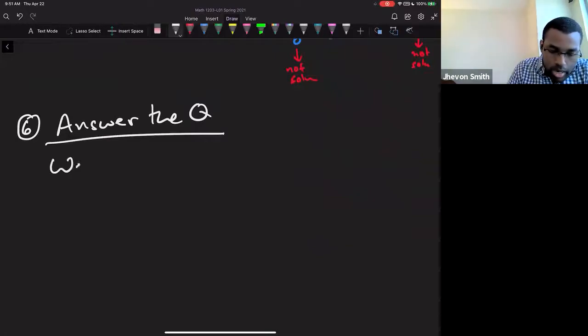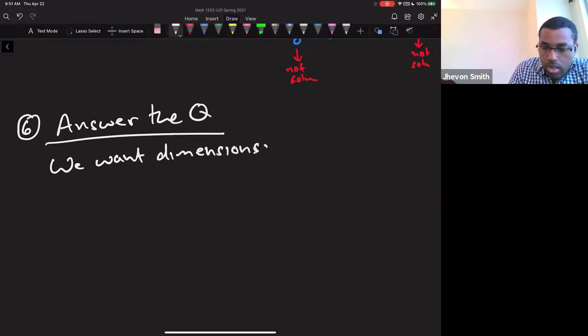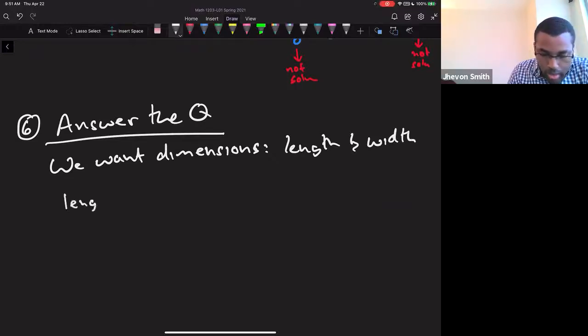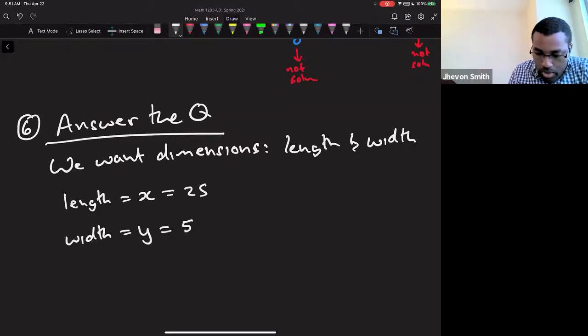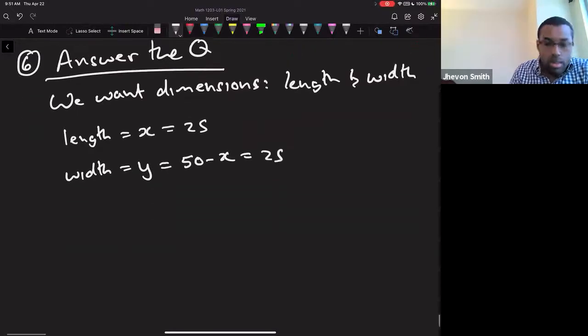So we want the dimensions. That is length and width. We know that the length is x, which is 25. Now the width is y, which we know is 50 minus x. So that's also 25.